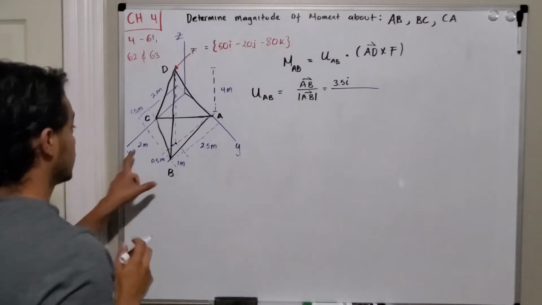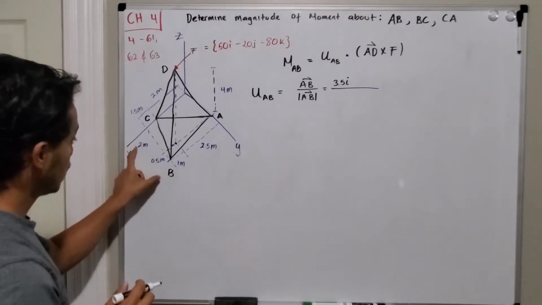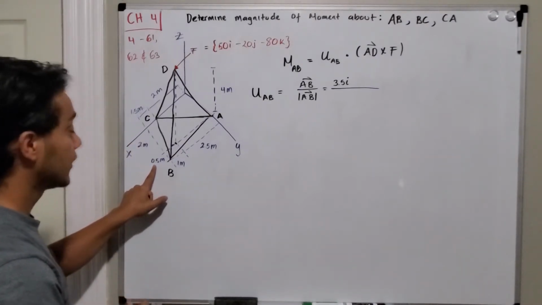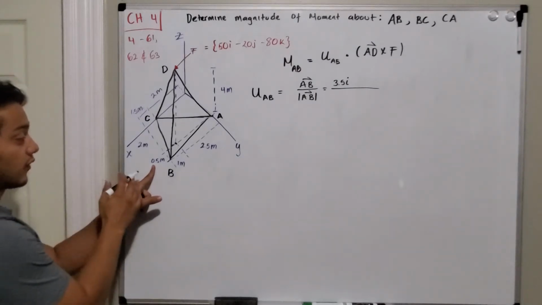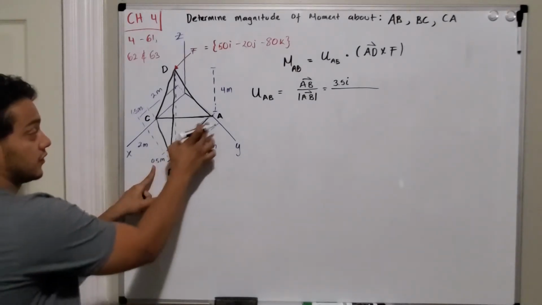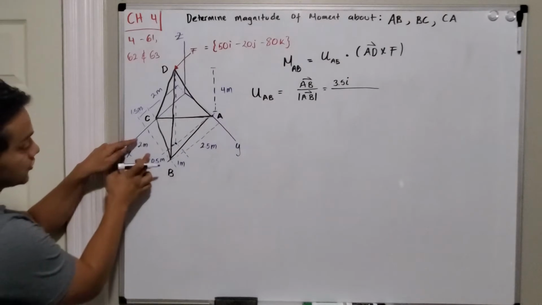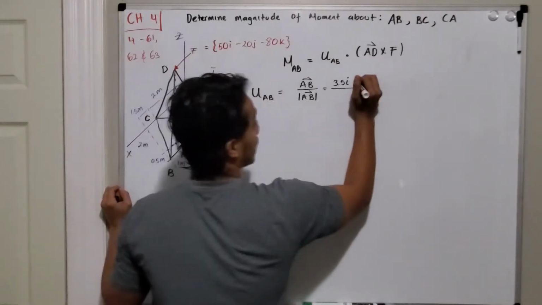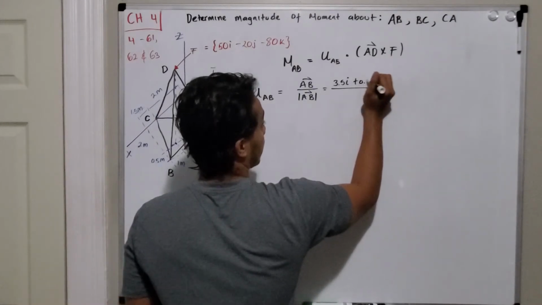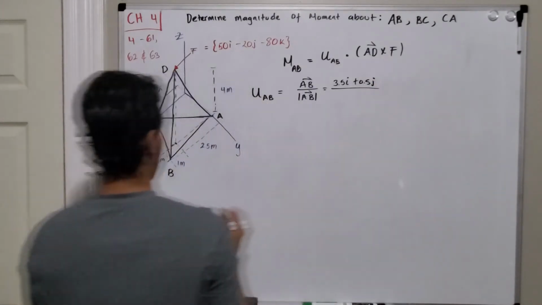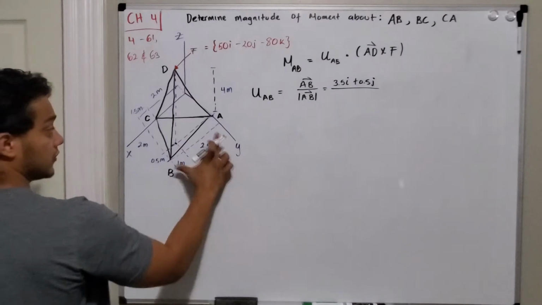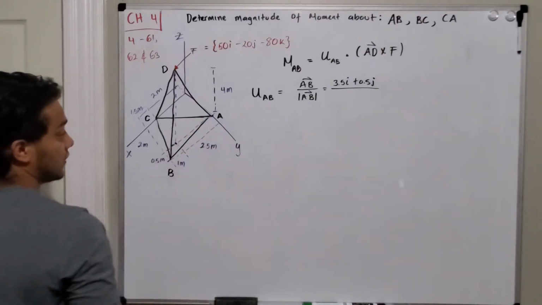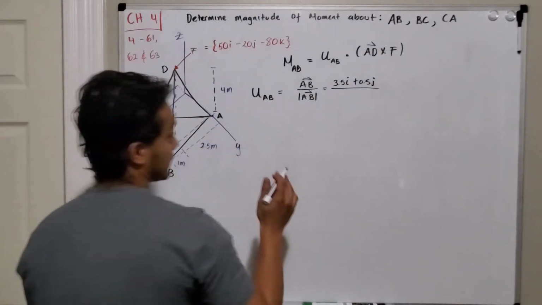Then in the y direction, B has 2 plus 0.5, which is 2.5, minus the amount of A, which is 2. So 2.5 minus 2 gives me positive 0.5 in the J direction. Now in the Z direction, both of these points are in the same plane at 0 altitude, so we got 0.